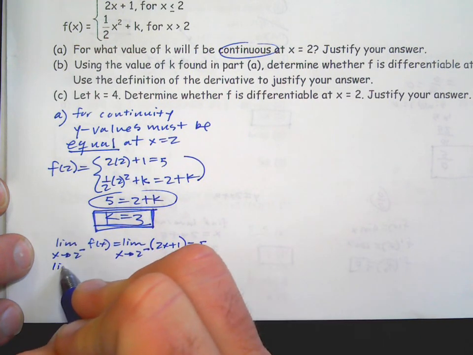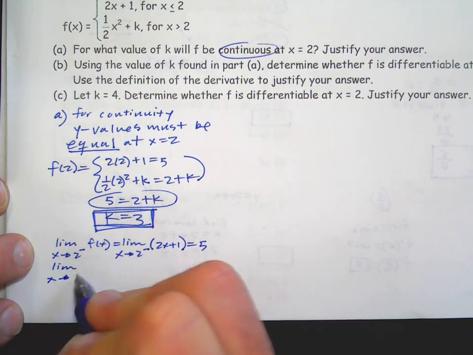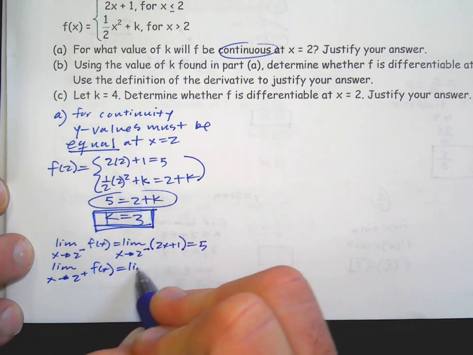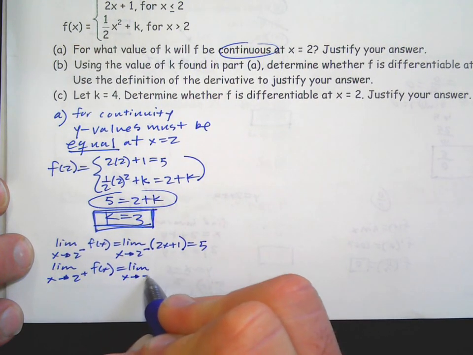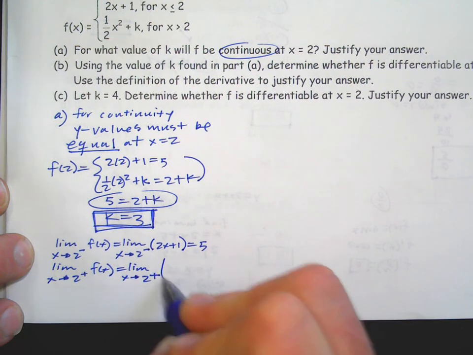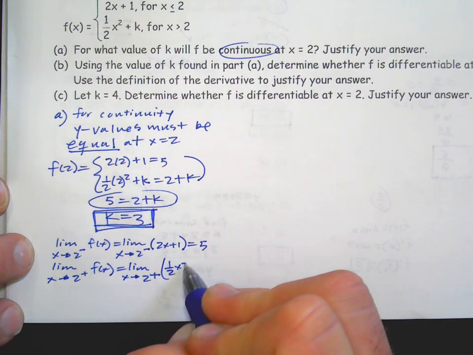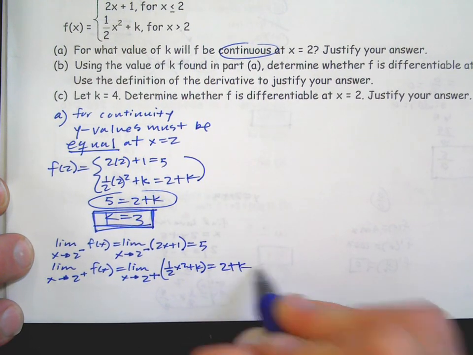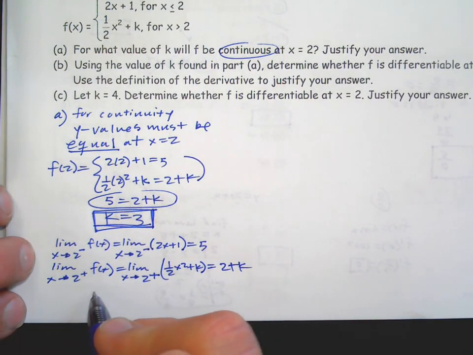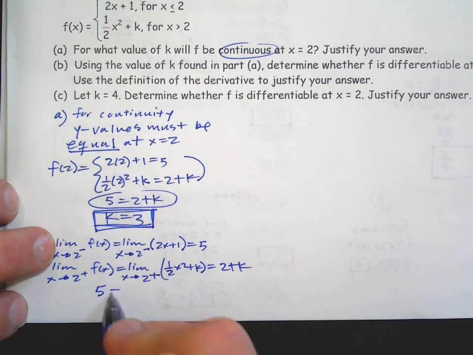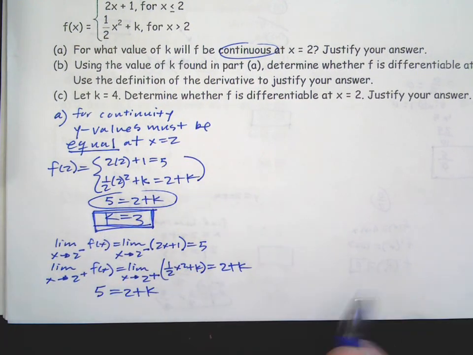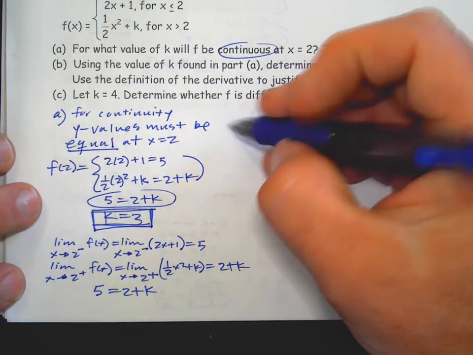And then the limit as x approaches 2 from the right equals the limit as x approaches 2 from the right of 1/2 x squared plus k. That gives you 2 plus k. And these should agree with each other. So anyway, same answer. Okay.